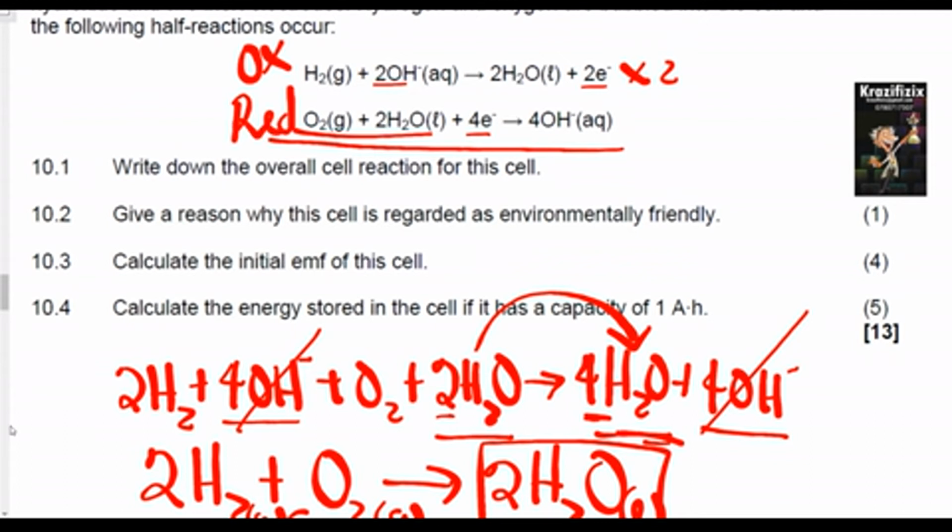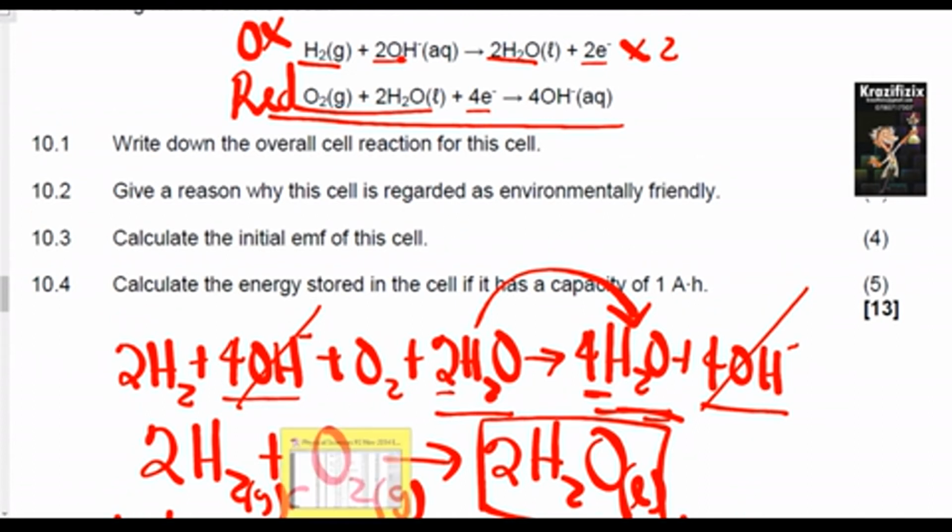So we need to go back to our tables and find these values. It's going to be easier for you with your table by your side. We need water, we need hydrogen and hydroxide ions. Let's find that first quickly.